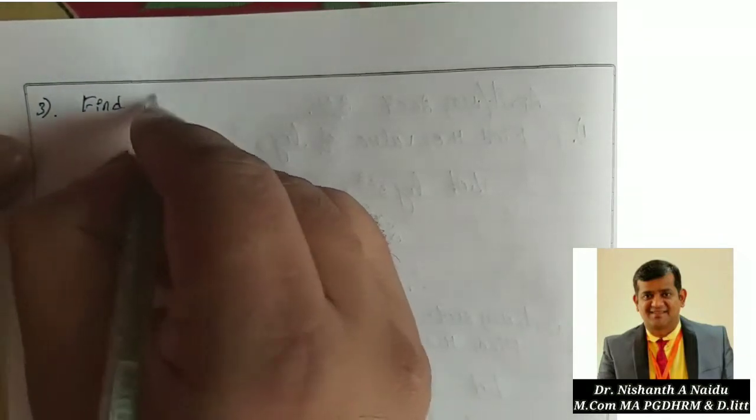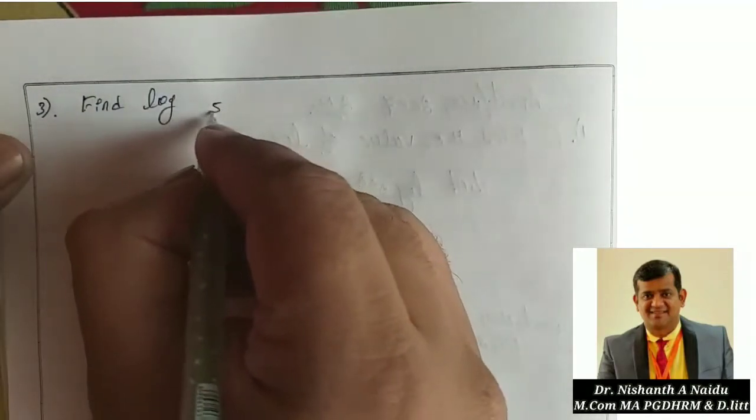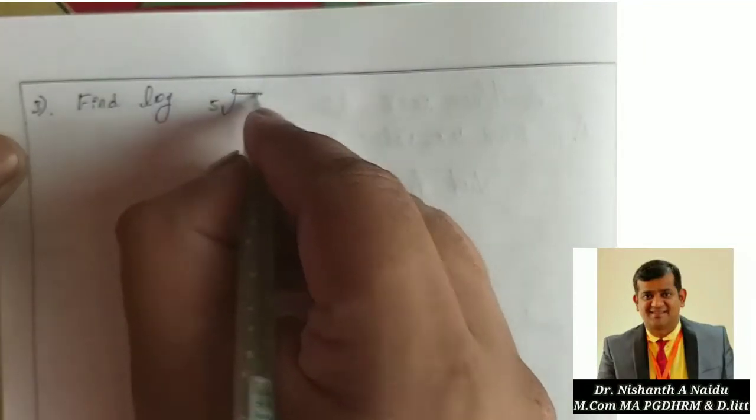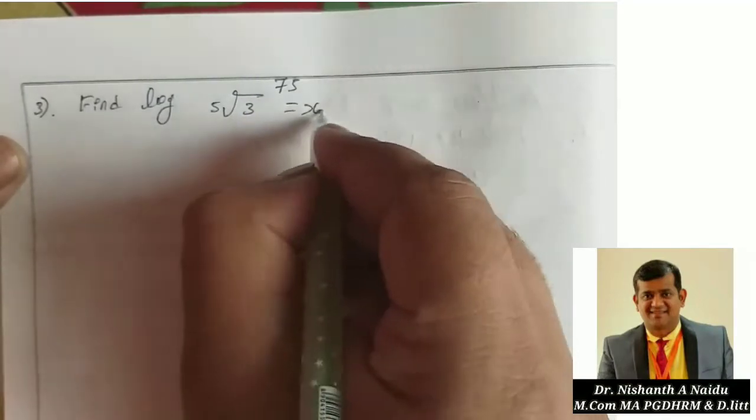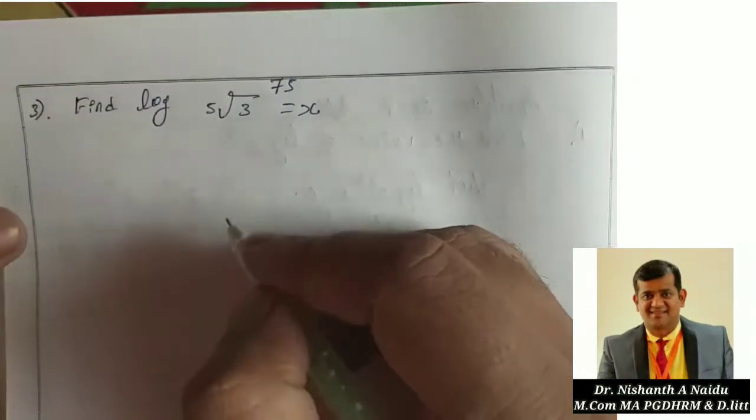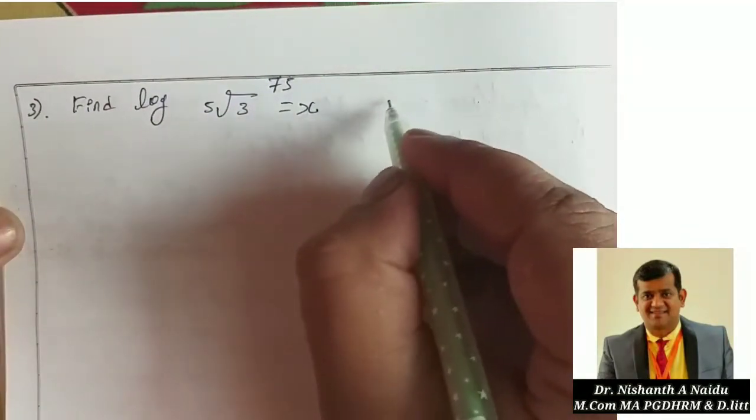Find log 5 root 3 to the power 75 equals x. So now what we can do here, we have to convert it.